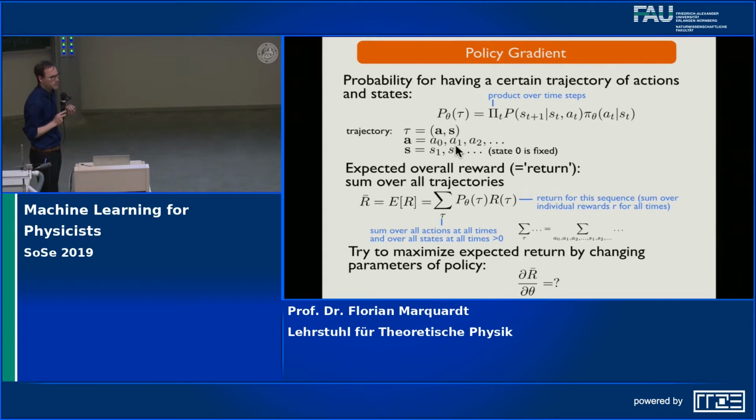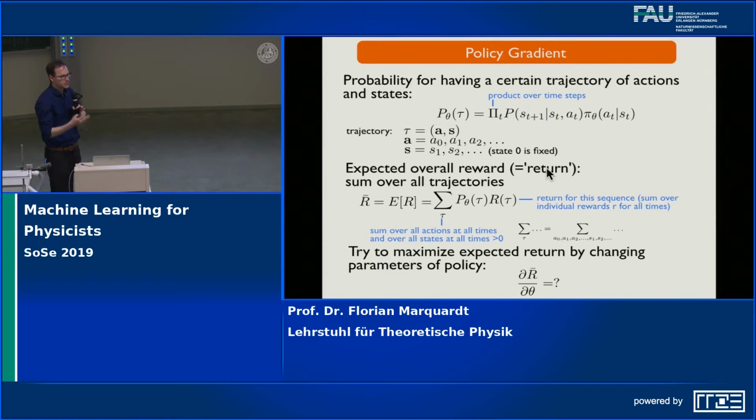But now I can ask something very important. I can say, well, let me look at the rewards. Maybe I sum them up over the full time interval. And let me see what's the average of the sum of all the rewards, because that's what I'm really interested in. And so, just a little bit of notation. The overall reward, or the sum of all rewards that I get at the various time steps, is often called return.